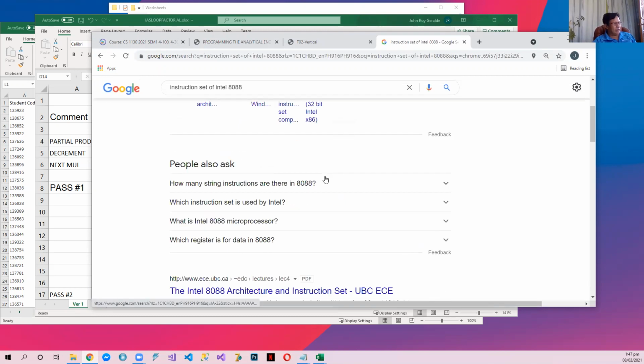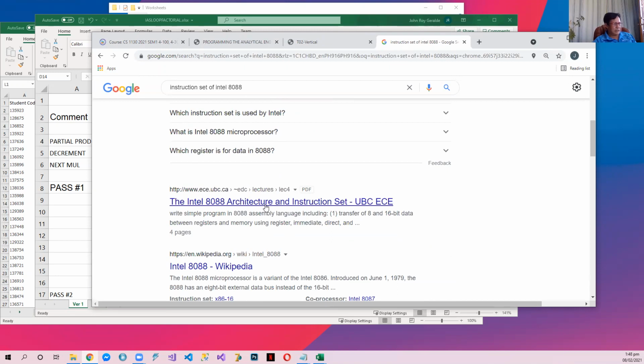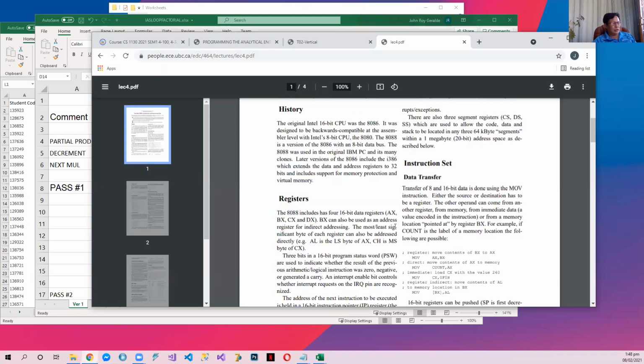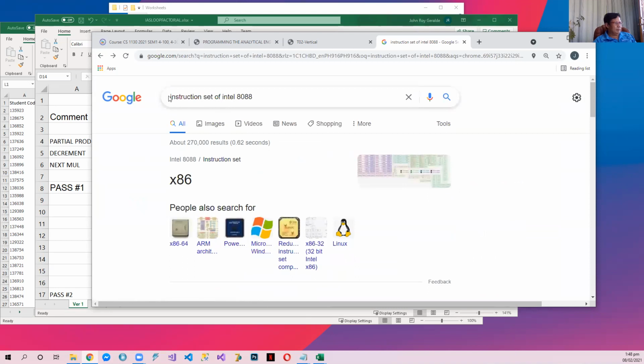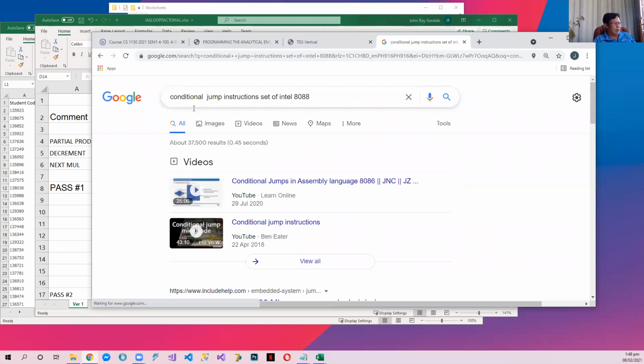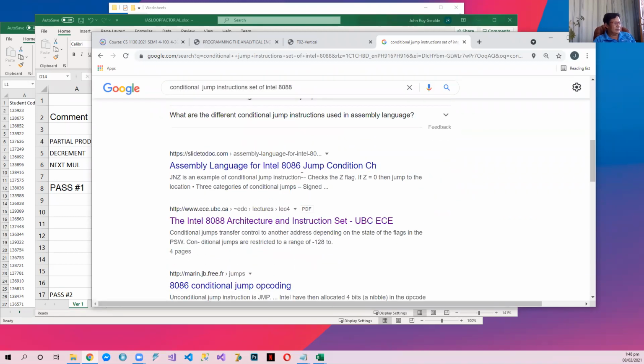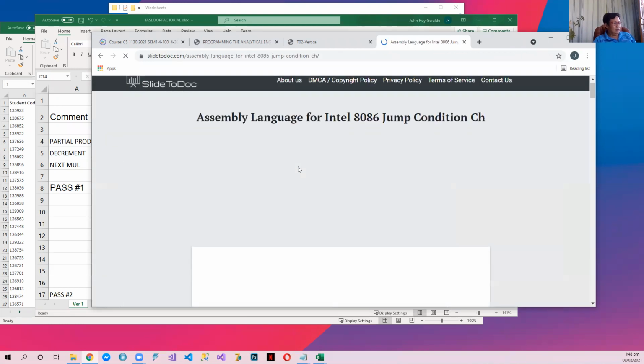If you look at the instruction set of the Intel 88, this is the same instruction set used in the conditional jumps of the modern Core i7 or Core i CPUs. There's a lot of jumps.